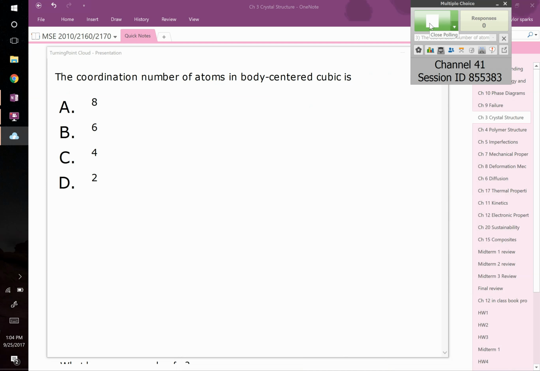Okay, and then the last reading quiz question is, the coordination number for atoms in body-centered cubic is 8, 6, 4, or 2.